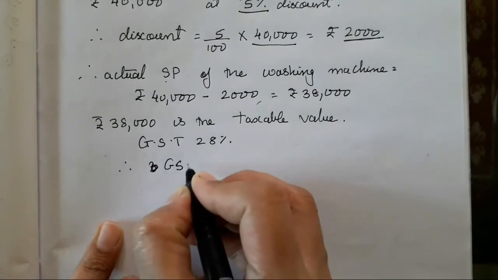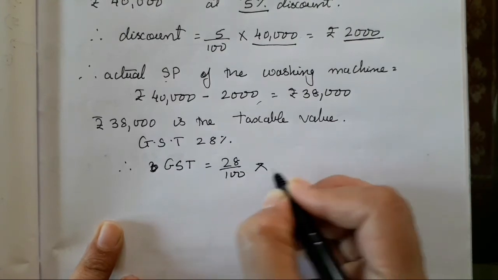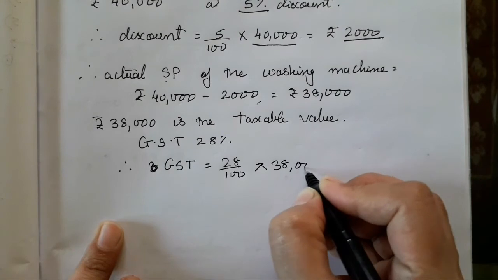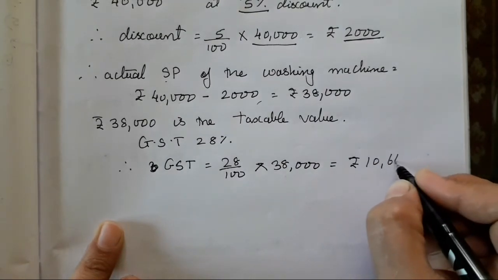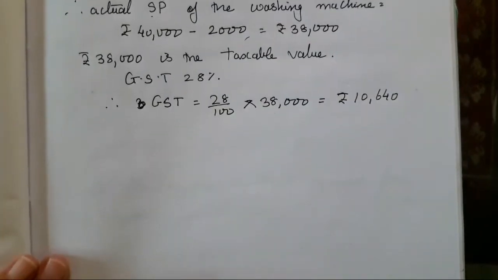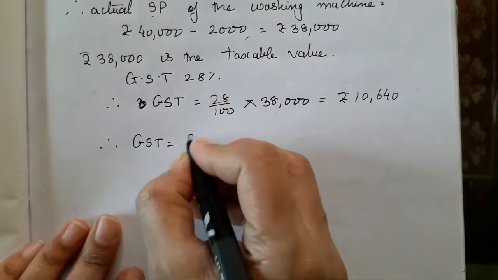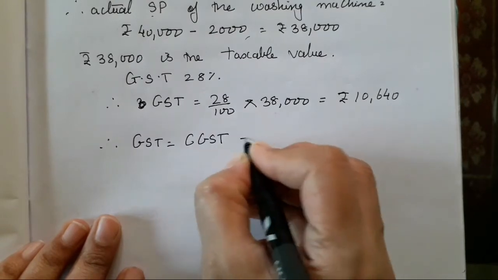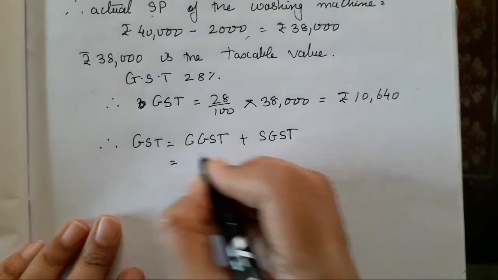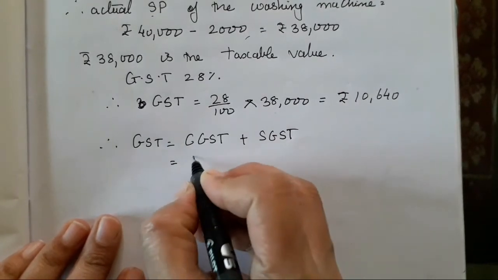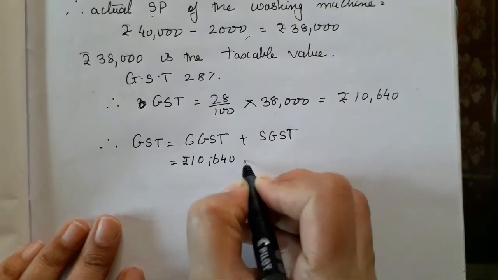Okay, so therefore GST is equal to 28 upon 100 into 38,000, which is supposed to be rupees 10,640. Okay, so therefore GST is equal to CGST plus SGST. Okay, so we know CGST and SGST together we have got rupees 10,640.